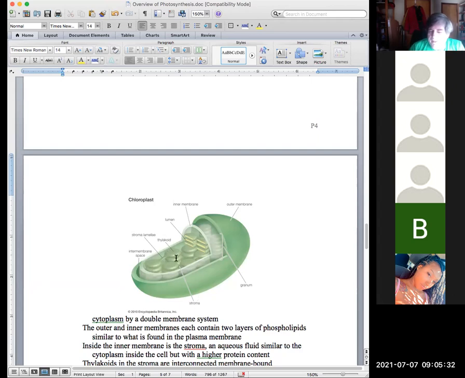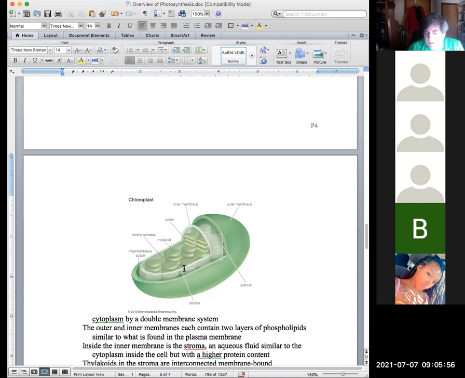Also inside this chloroplast are some little discs, and these little discs are called thylakoids. These thylakoids are all connected to one another through little tubes and pipes. But when we look at these thylakoids, they're actually teeny tiny membrane-bound organelles.